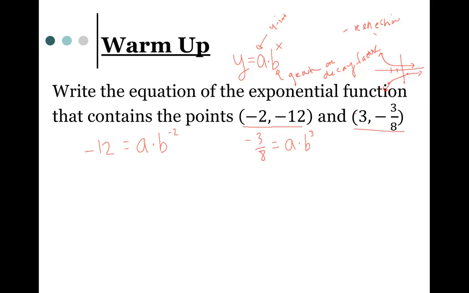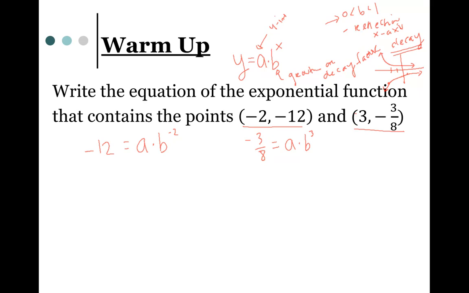But if I negate that, it is a decay function. So my b value should be somewhere between 0 and 1 because it's decay. Okay? It's not going to be detrimental if you can't figure something out like that, but it is good to know.